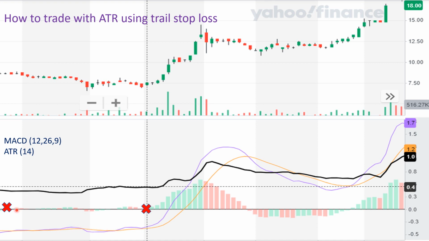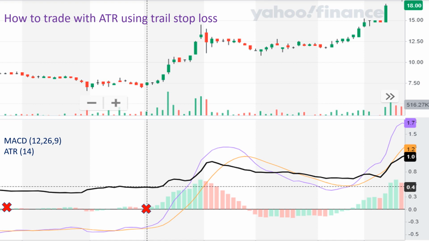The histogram bars are so flat. That means there is no movement going on and the trend is going sideways. And so this tells us that there is going to be a strong move on the way. So we have to prepare for entry.